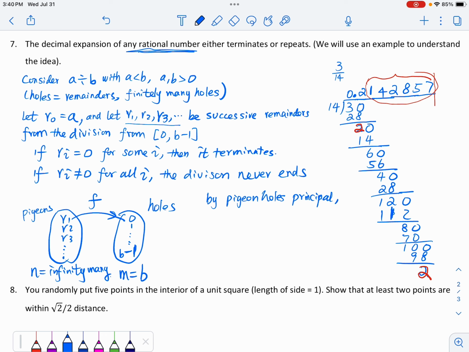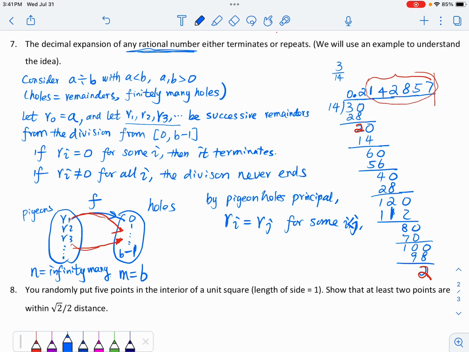some of those must repeat. That's for sure, because we have more pigeons than holes. So by the pigeonhole principle, some Ri must be equal to Rj for some i and j, where say i is less than j.